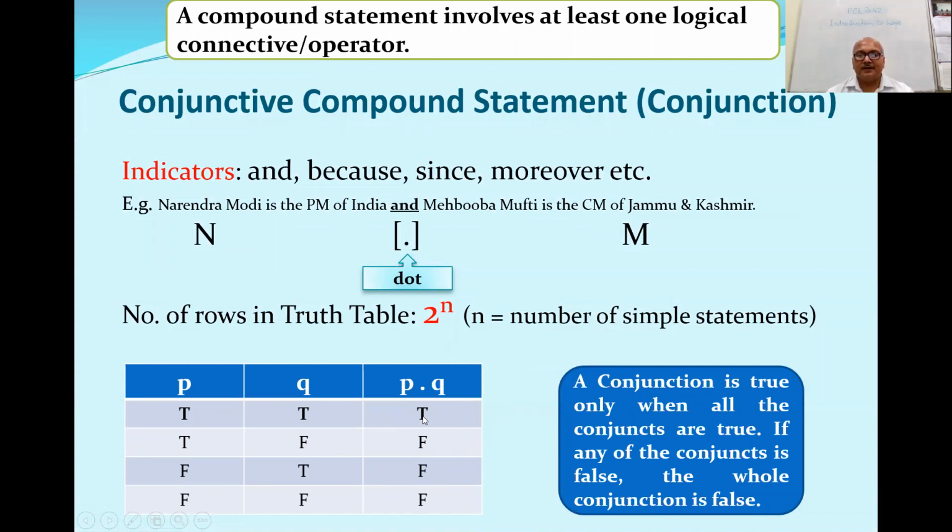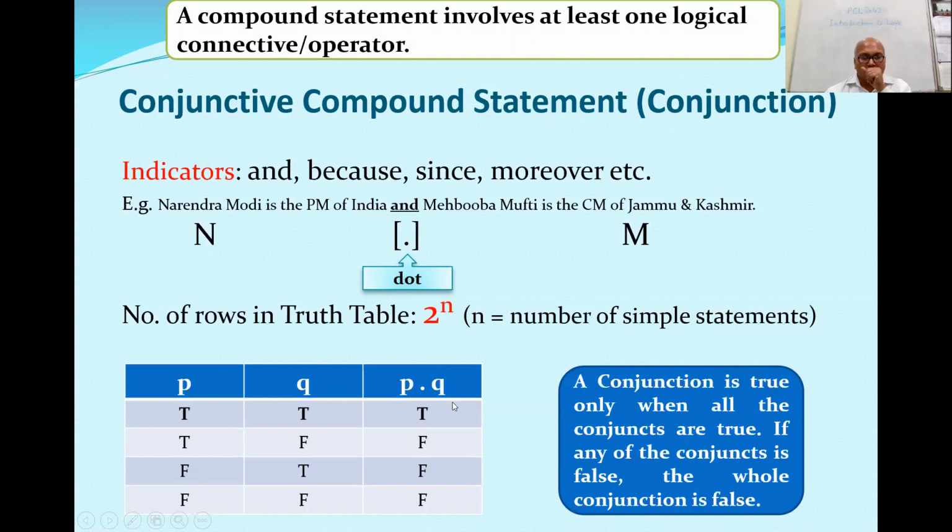And these values are the calculated values depending on the values of P and Q. So if you want to put it in logical terms, this expression P dot Q is a truth function.